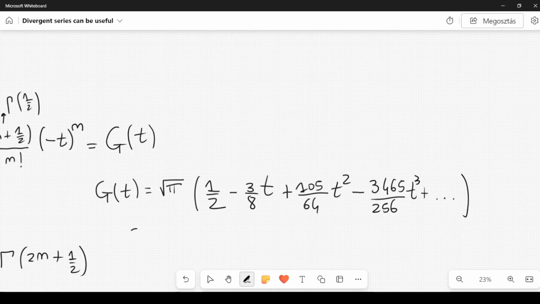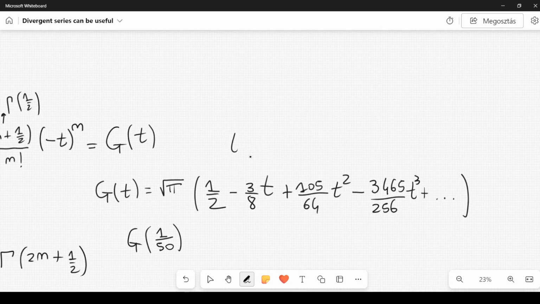Now you can do the calculation when t is equal to 1 over 50, for example. So we choose a small number which is still close to 0, because remember that the actual convergence of this series is when t is equal to 0.